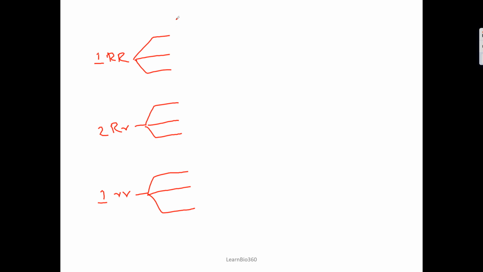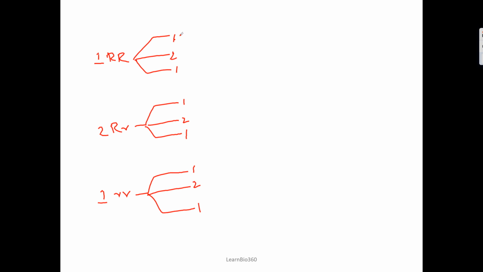Write what is the monohybrid genotypic ratio? 1, 2, and 1. So what is the second character here?